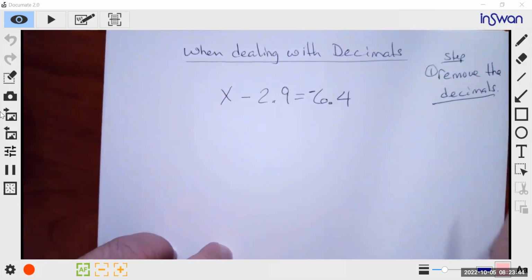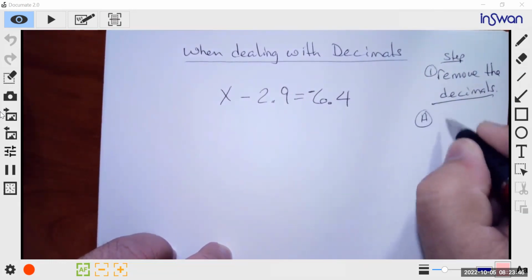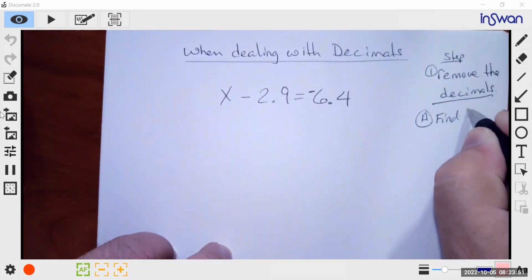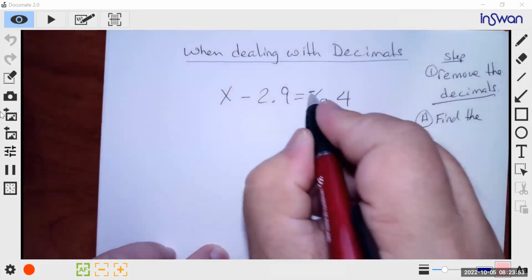Now, the question is, how do you get rid of the decimals?